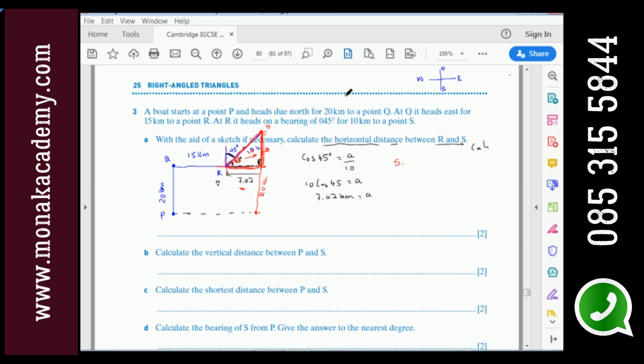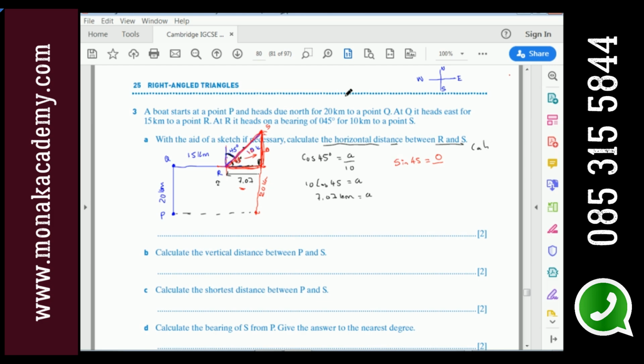All right. So what is it going to be? Sin 45 equals opposite over hypotenuse. Do we know the opposite? That's what we want, right? What is the hypotenuse?